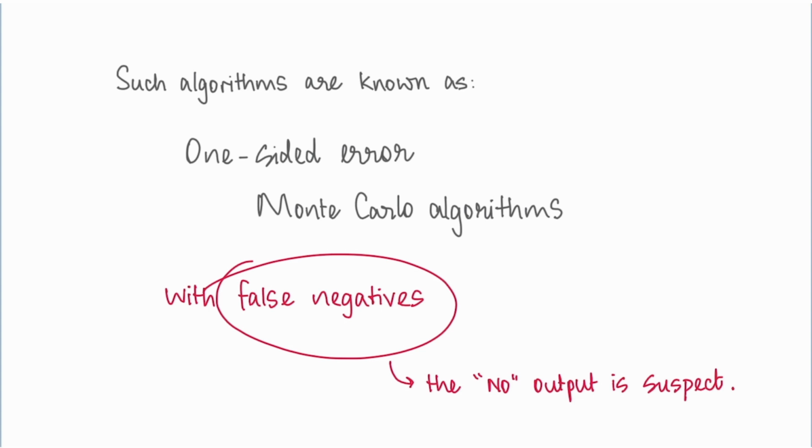The way to remember the phrase false negatives is that the no answers could be wrong. That can be a bit confusing because it's an algorithm that performs well on no instances. That's the property, but that also means that it's the no output that you have to be suspicious about, and that's where the phrase false negatives comes from.